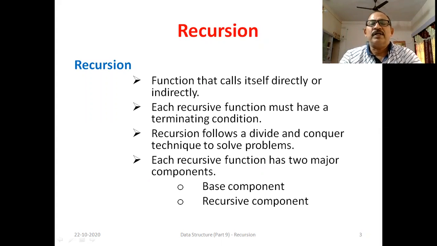Suppose we want to determine a factorial of a given number. We can express the factorial of a given number in two ways. In first way, factorial of n is equal to n multiplied by n minus 1 multiplied by n minus 2 multiplied by n minus 3, and so on, down to 3 multiplied by 2 multiplied by 1.